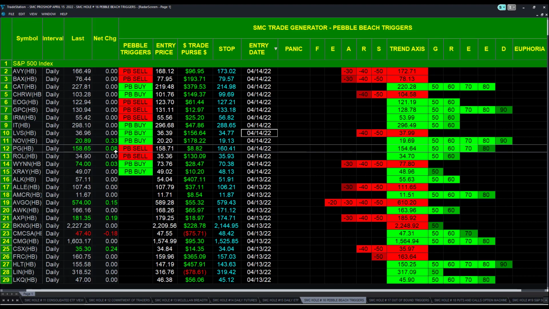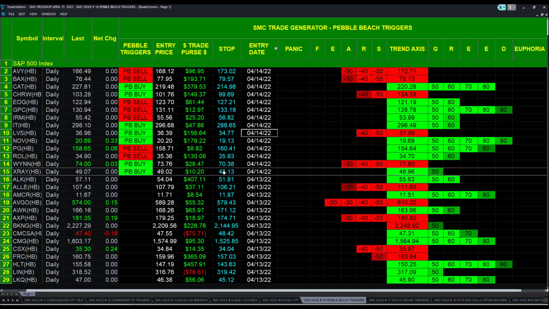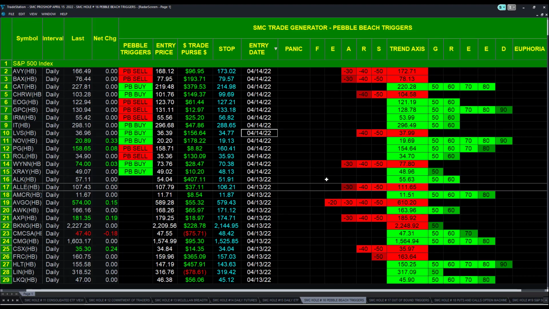And we can, hopefully, I think we have it in the Caddyshack, give you just some basics to make sure that you're entering at a relatively safe spot and know really where to put your stop. And here it does give you a stop out recommendation or suggestion. SMC Trade Generator, Pebble Beach.